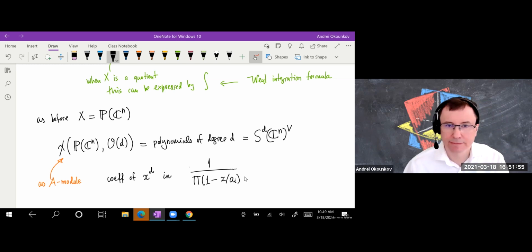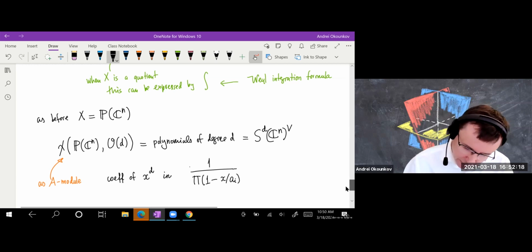That makes sense. If I take a term of degree D, this will enumerate all possible monomials and the weight of each monomial. Remember, this is the weight. My line bundle O of 1 is the dual of the line itself, so the weights are inverted, and so this will enumerate exactly all monomials.